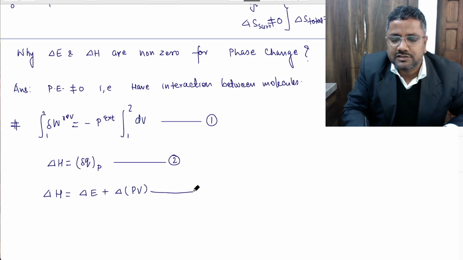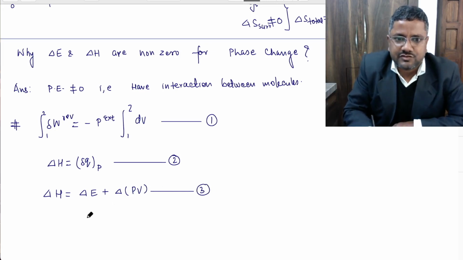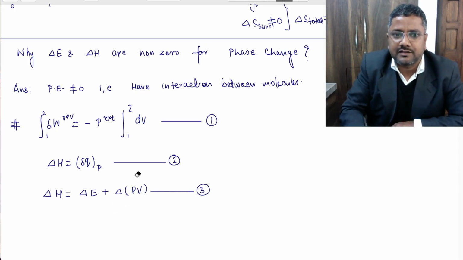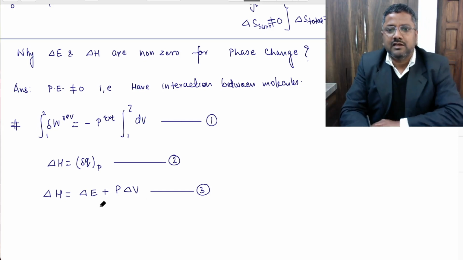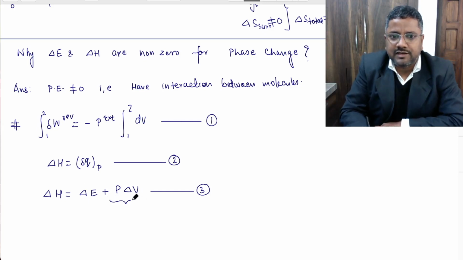Since it is a constant pressure situation, you can write P delta V, which is equal to the expansion work.